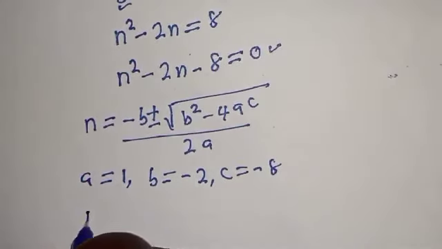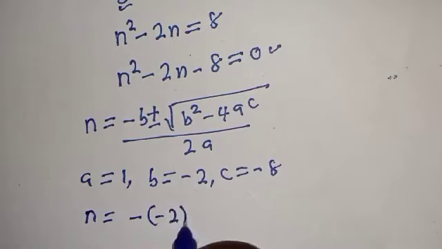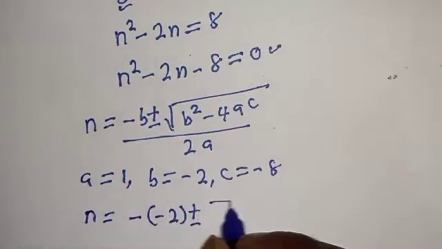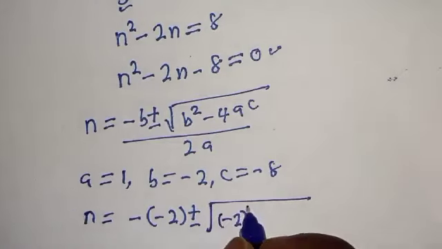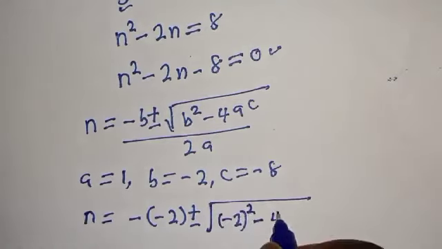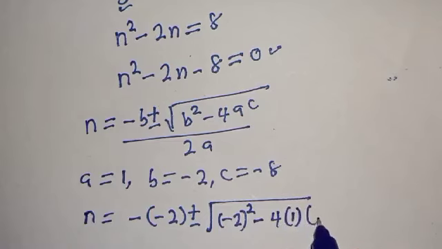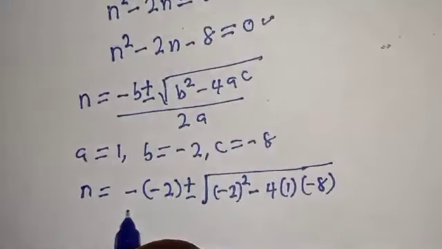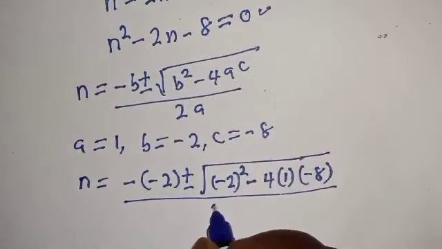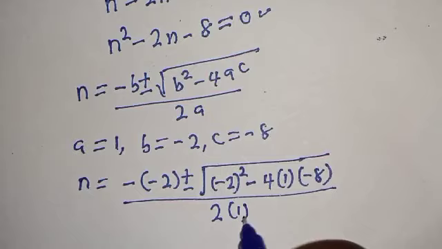So n is equal to minus bracket minus 2 plus or minus square root of minus 2 squared minus 4 multiplied by 1 multiplied by minus 8, over 2 multiplied by 1.